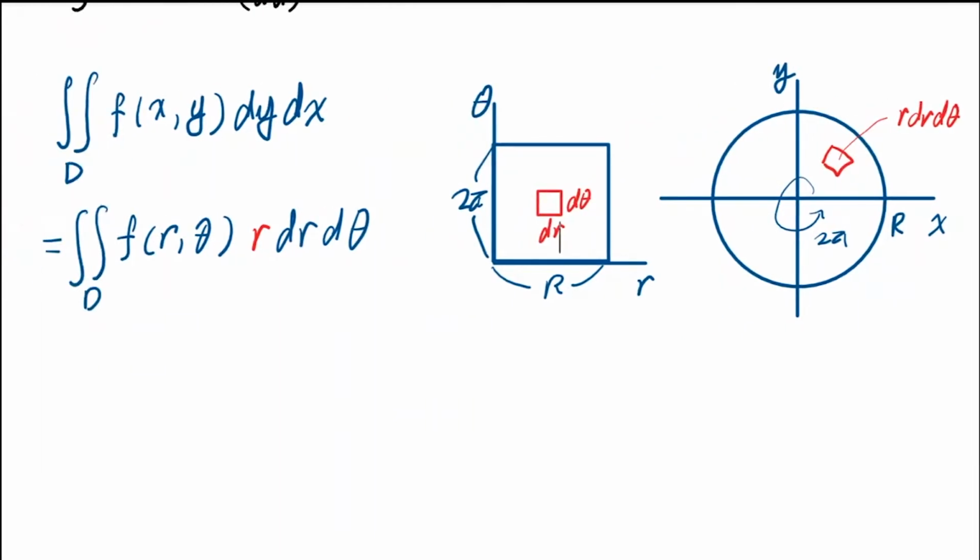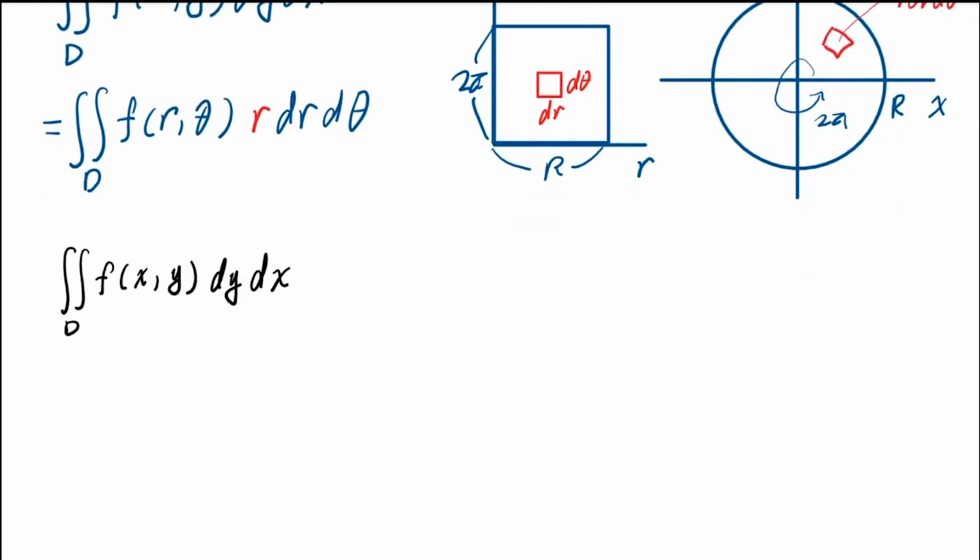Okay, so let's generalize this. Say we have some kind of region D of f of, let's say, x and y, and then dy dx. And then we want to change that to the same region, but we just want to go with any two variables, u v, any relationship between x, y, and u v will do, right? And then we have du and dv. And then my question is, what goes here?